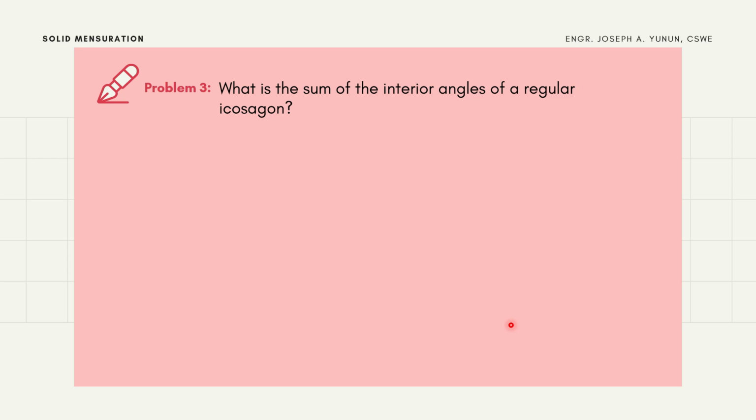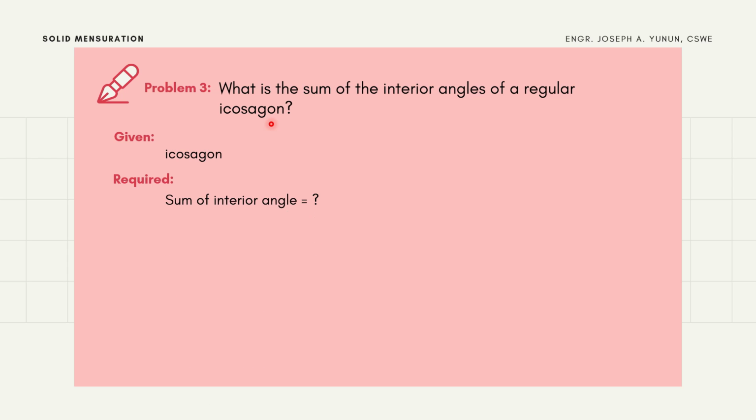Problem 3. What is the sum of the interior angles of a regular icosagon? What are the given and what are the required? The given is a regular icosagon.